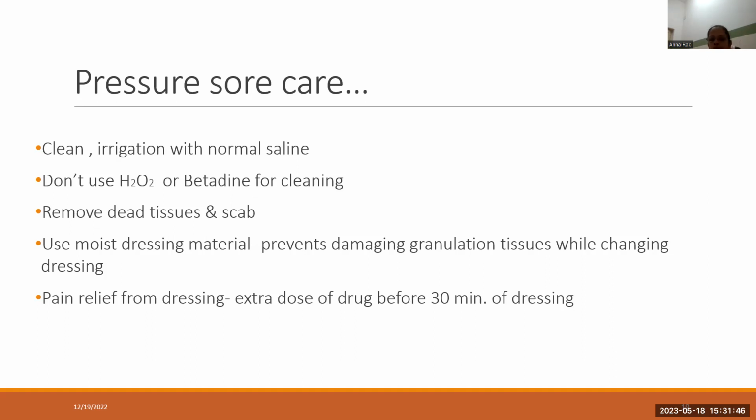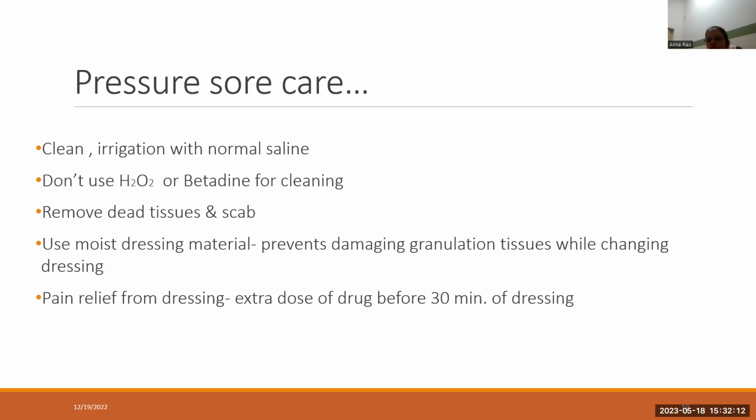Pain relief from dressing is also important, because whenever we go to a patient, you might be seeing that they are in too much pain, and they will remember that, okay, now again I have to undergo the same process and I am going to have pain. That thought itself will provoke more pain.